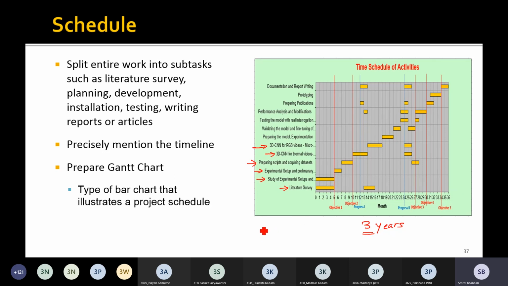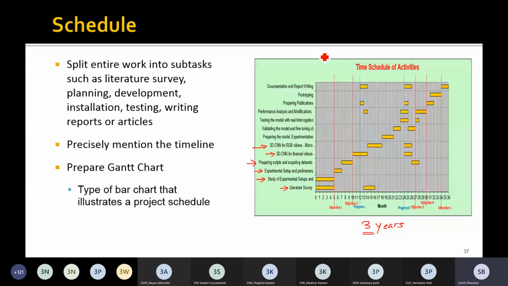It may happen that some tasks are going in parallel. If you have 3 to 4 team members in your project, then one person is working on some task, another person is working on some other task. So more than one task may go in parallel. No doubt, some tasks are sequential, meaning unless the earlier task is completed, we can't proceed with the next task.